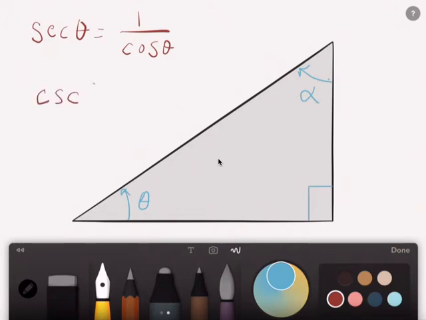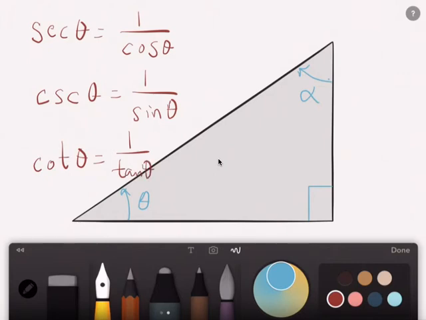Cosecant of theta is 1 over sine of theta. And then we have cotangent of theta is equal to 1 over tangent of theta. We're not going to really use these a lot except in one experiment, and then we're going to move on from it. But if you ever encounter it anywhere else, you've at least been introduced to it.